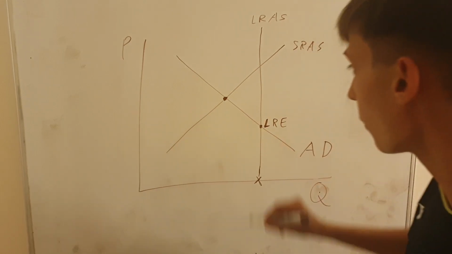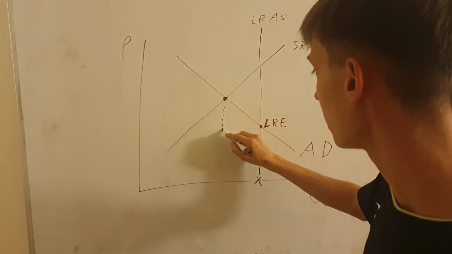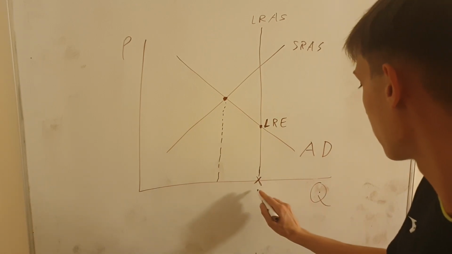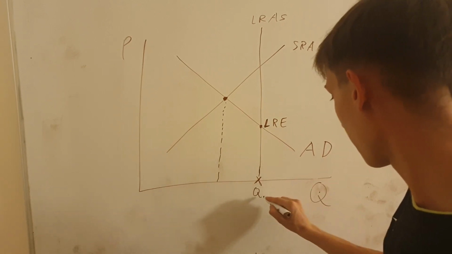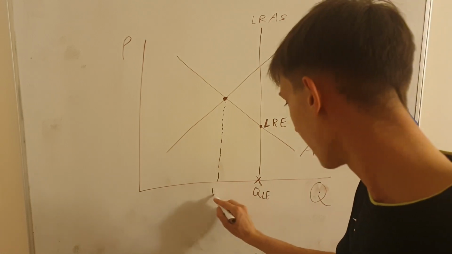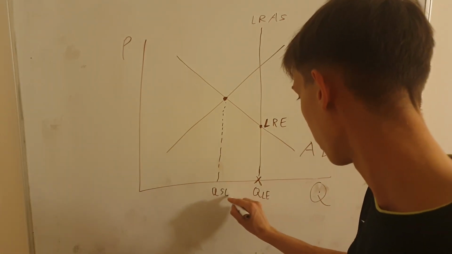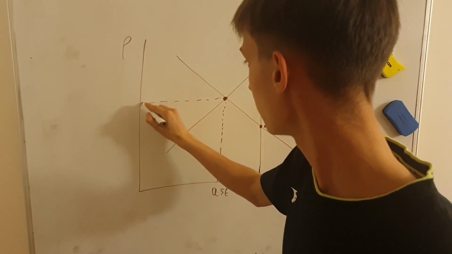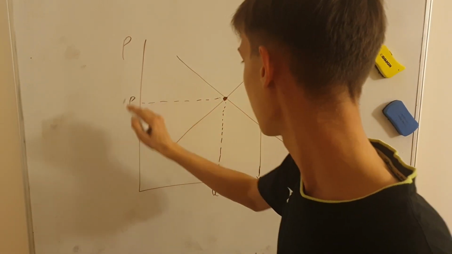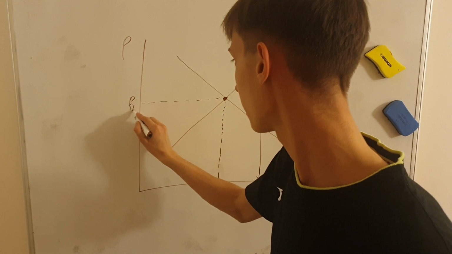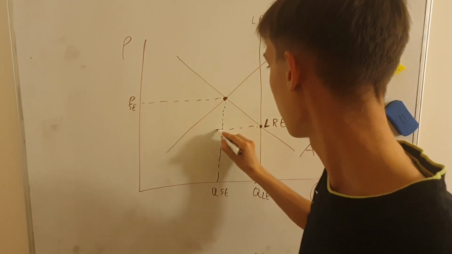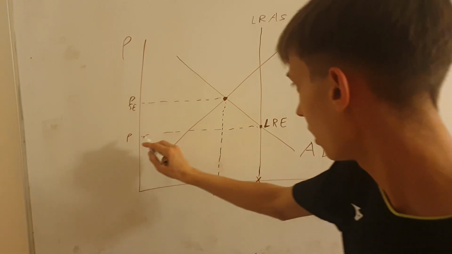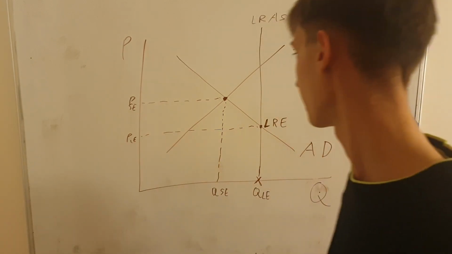So it intersects it right here. And now if we project this point down, let's say this was the Q of the long-term equilibrium, LE, and this is the short equilibrium, SE. And right here will be the P, the price at the short equilibrium, and the price at the long equilibrium.